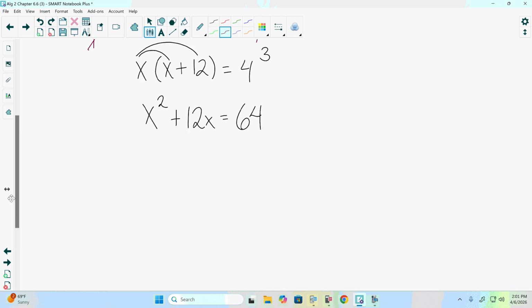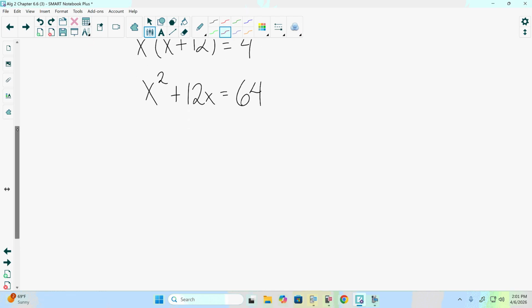Now we need to start solving. We do have a middle term. We do have an x and an x squared, so we do need to get this equation equal to 0. So we're going to subtract 64 from both sides.